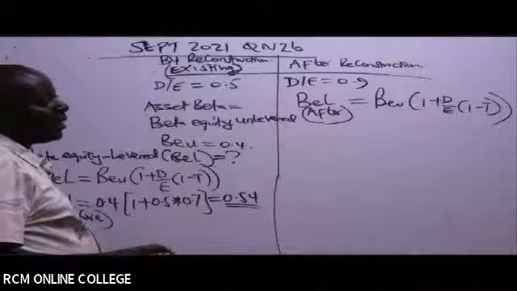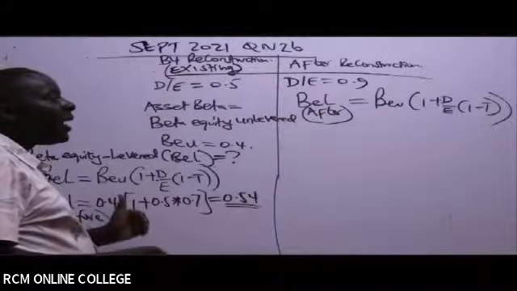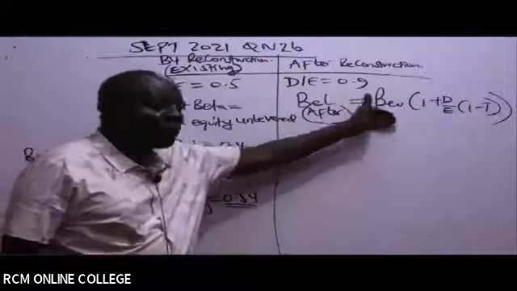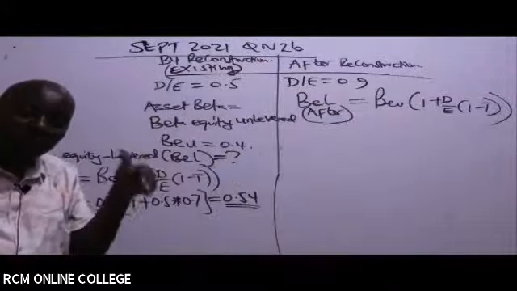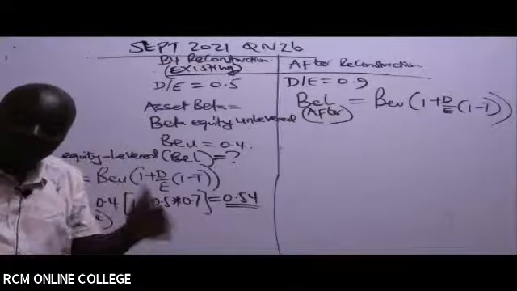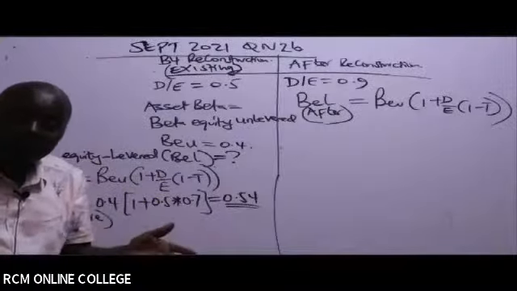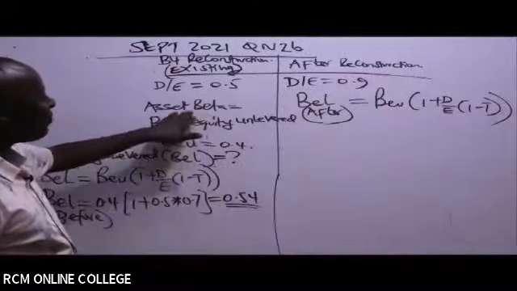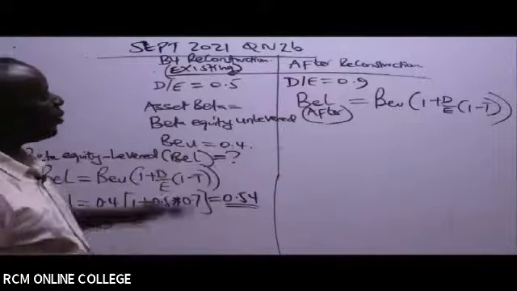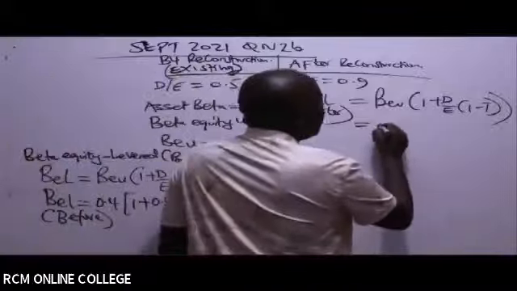Every other thing will remain the same. BEU cannot change simply because you're doing reconstruction. It is always constant. It is this asset beta that we have here, which is 0.4.